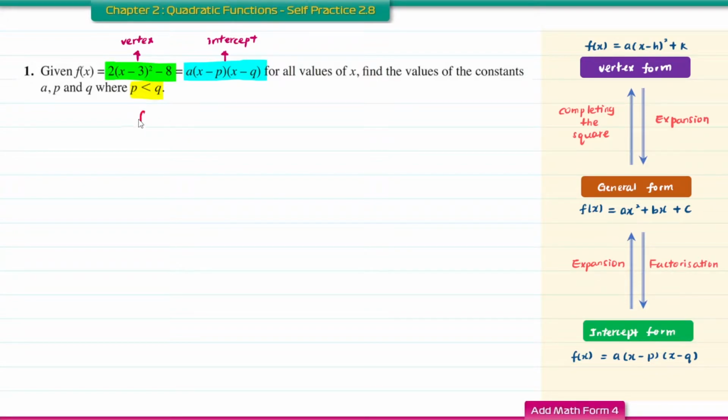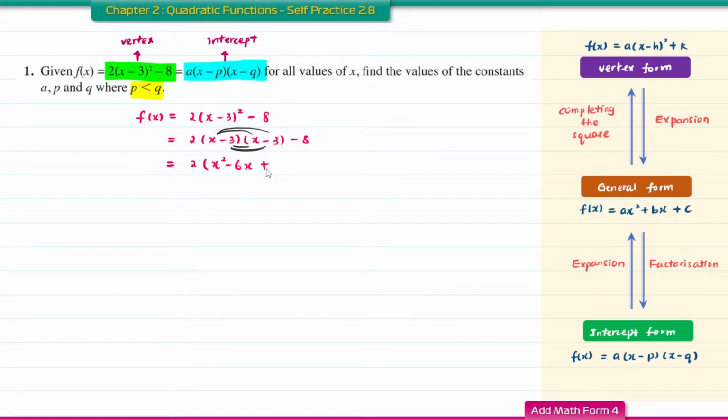So the function is f of x equal to, so here first we're going to do the expansions for the bracket part. Now by doing the expansions, you're going to get x squared, and minus 3x is minus 6x.